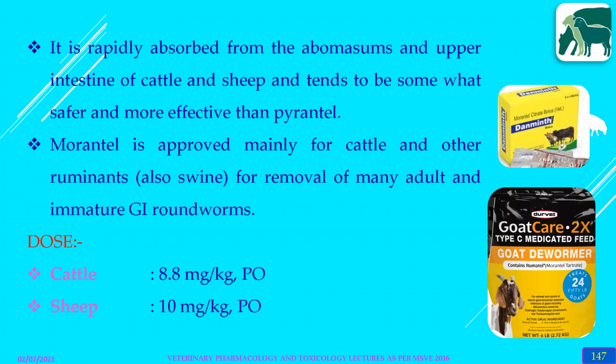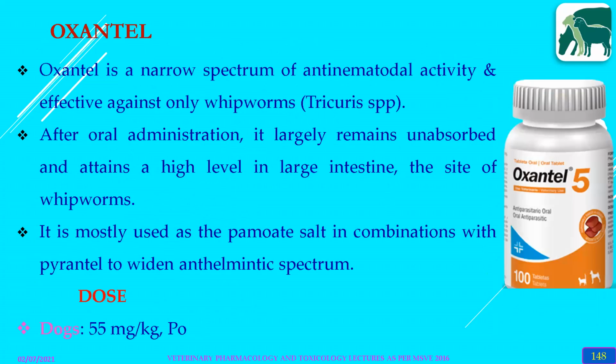It is approved mainly for cattle and other ruminants, immature and mature, so it is preferred over pyrantel. The dose is 8.8 milligram in cattle and 10 milligram per kg body weight in sheep.